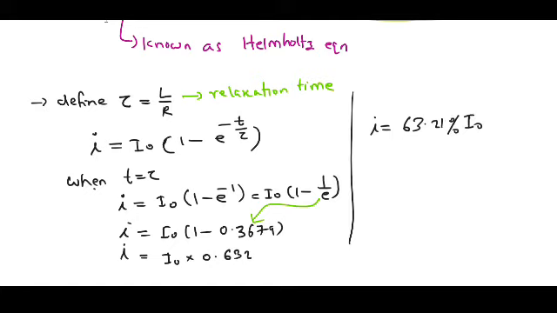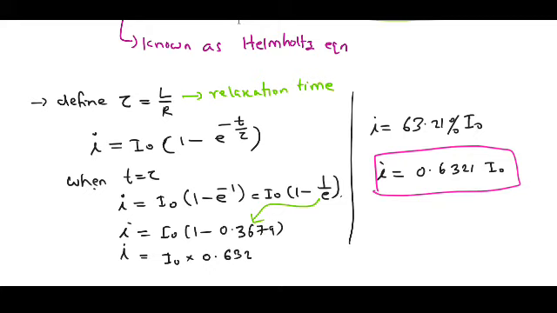This is nothing but a percentage. Or we can say I is equal to 0.6321 I0. Okay. There is the relaxation time. This tau can be defined as the time required for the current to reach 63.21% of its steady value. I0 is the steady value.